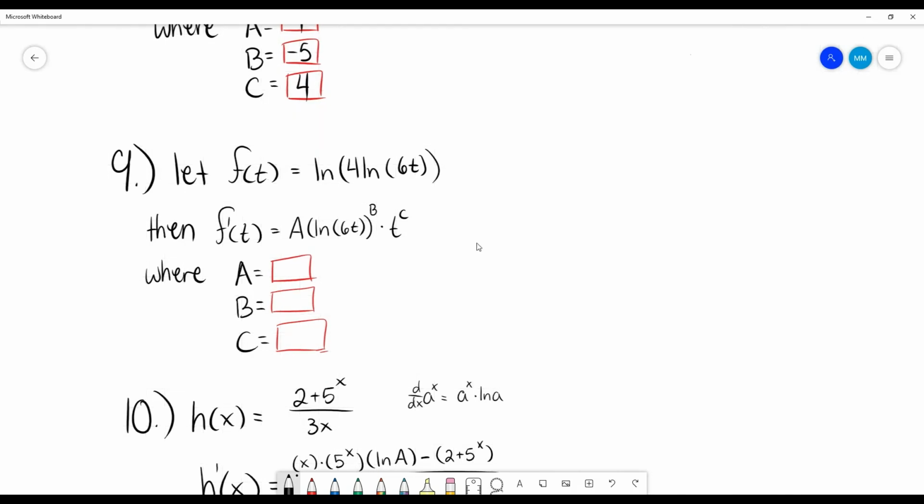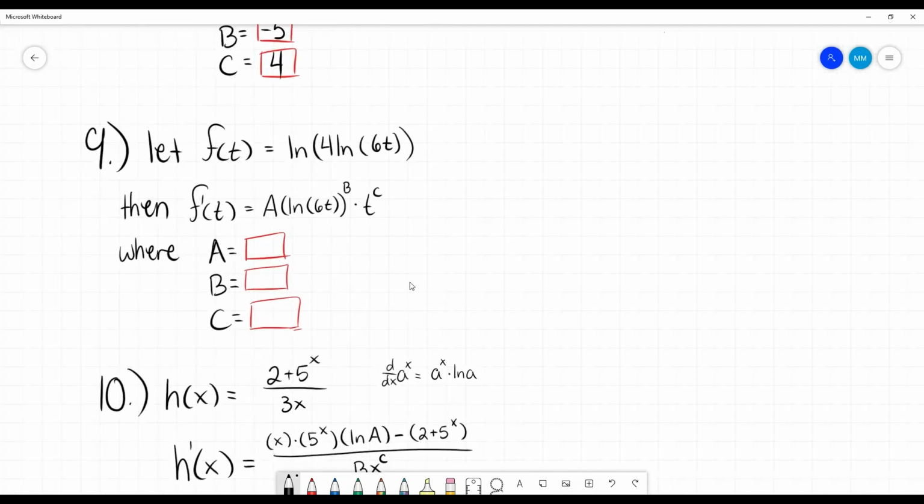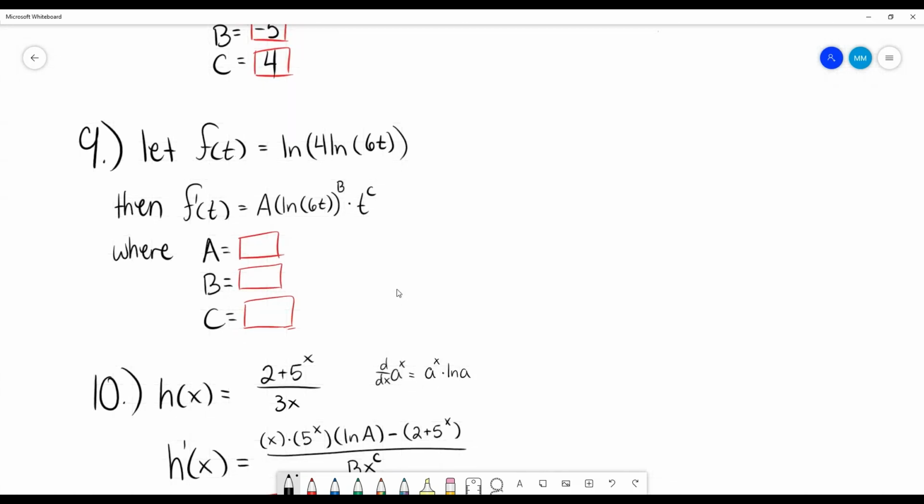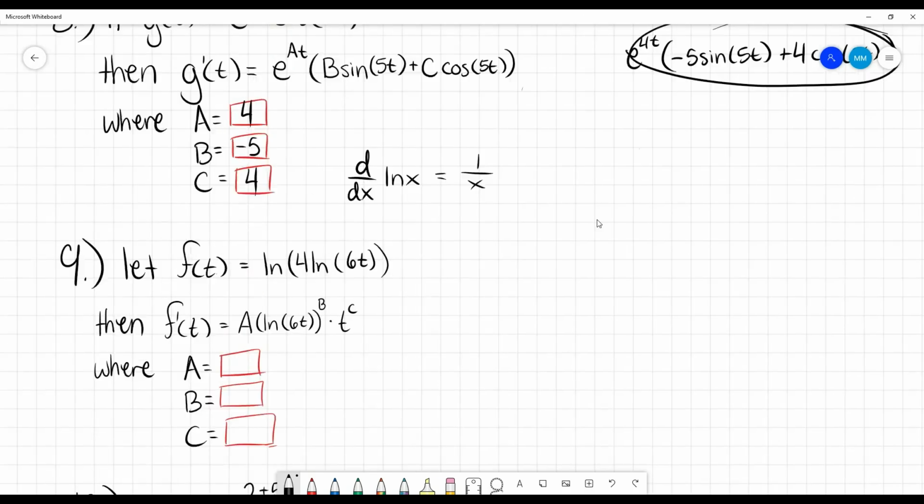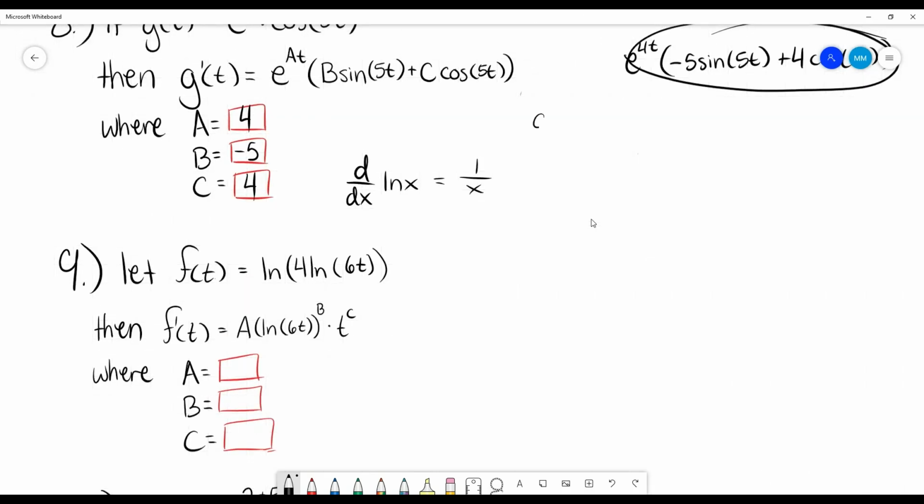All right. Now we're going to be doing chain rule again. We're also going to be needing to know our derivatives of our natural logs. And so there's two things I want to point out. So we might have memorized that the derivative of our natural log is just 1 over x, which is certainly helpful. But if we ever forget that, just try to remember the derivative of our logs, because it's more helpful to know that than to just know our natural log.